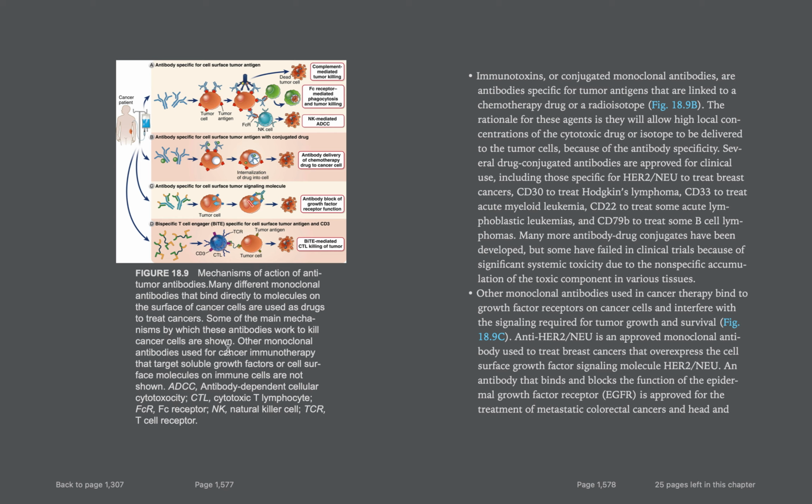Some of the main mechanisms by which these antibodies work to kill cancer cells are shown. Other monoclonal antibodies used for cancer immunotherapy that target soluble growth factors or cell surface molecules on immune cells are not shown.